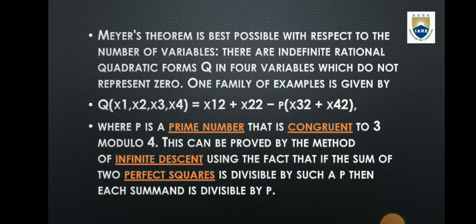This can be proved by the method of infinite descent using the fact that if the sum of two perfect squares is divisible by such a p, then each summand is divisible by p.